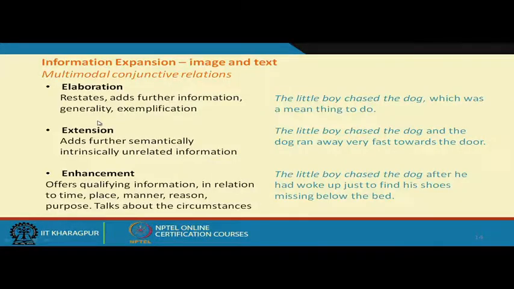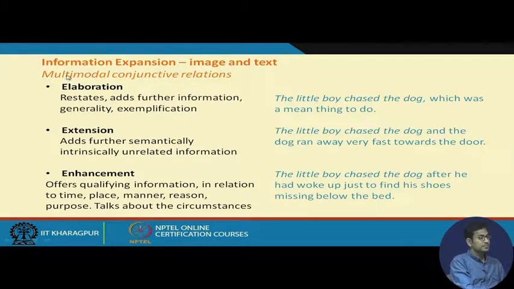Now, we talk about how we expand information, which is also known as multimodal conjunctive relations, where the image and text are used for expansion of information. Many a times the information is expanded, and we do it through certain means, and there are three possible means that we will talk about today.